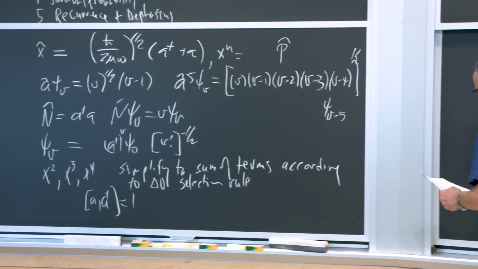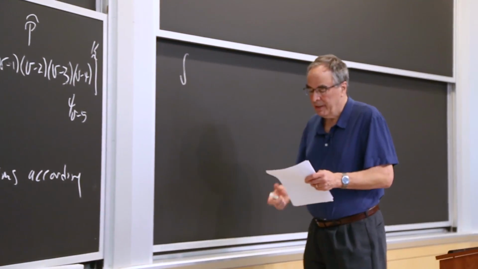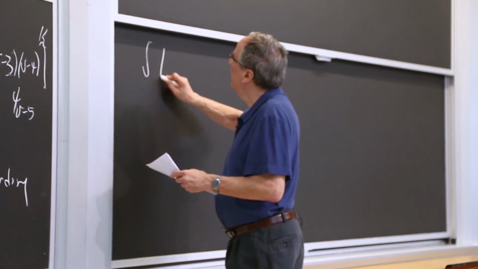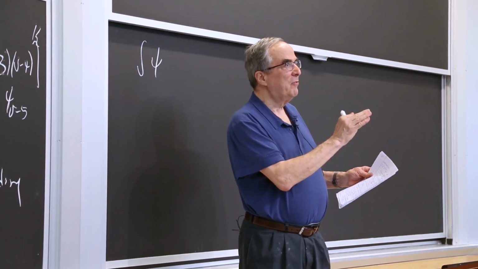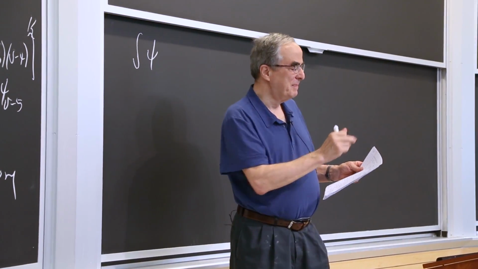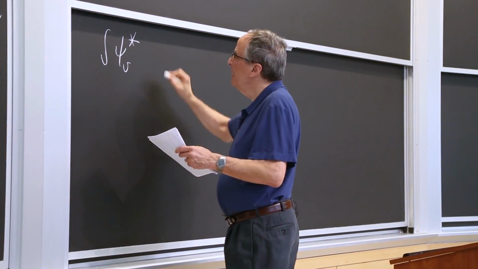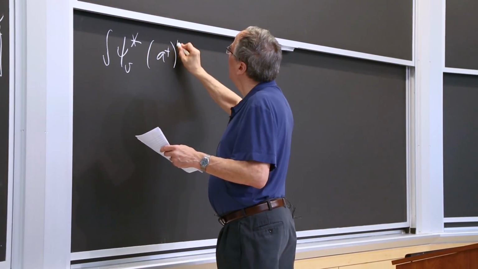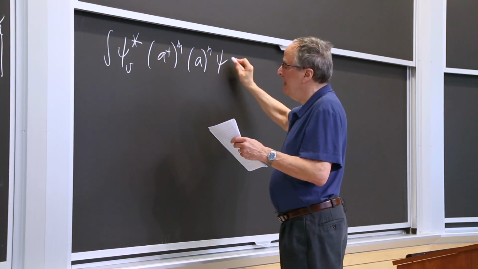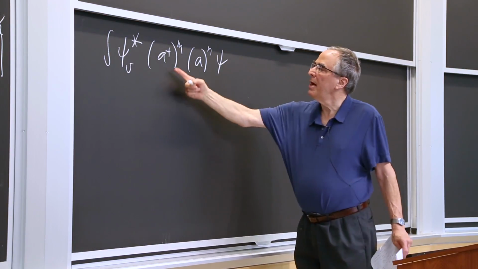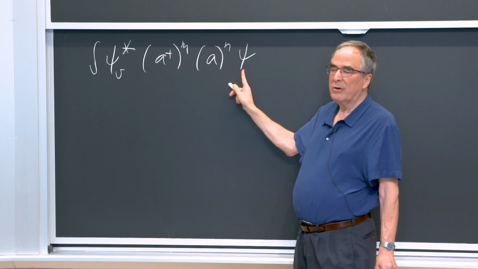Now here's an example of a problem that's a little bit tricky, and it's right at the borderline of what I might use on the exam. So we have this: we have A dagger to the m power, A to the n power, psi. Okay, now here, what v is going to give a non-zero integral?